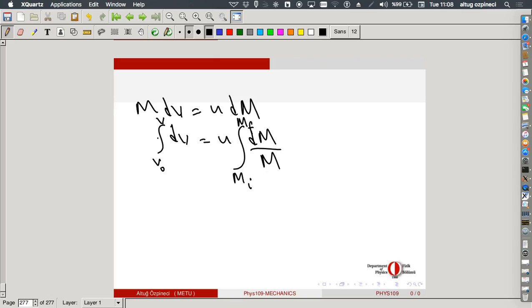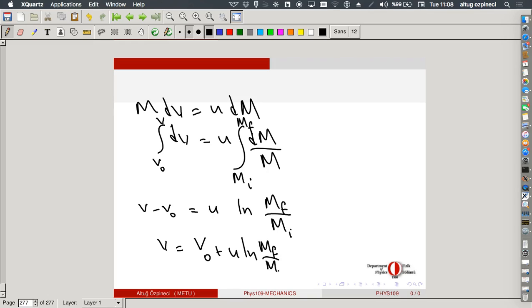So this will give me v minus v0 is equal to u times the logarithm of the final mass divided by the initial mass, or v is equal to v0 plus u times the logarithm of the final mass divided by the initial mass.